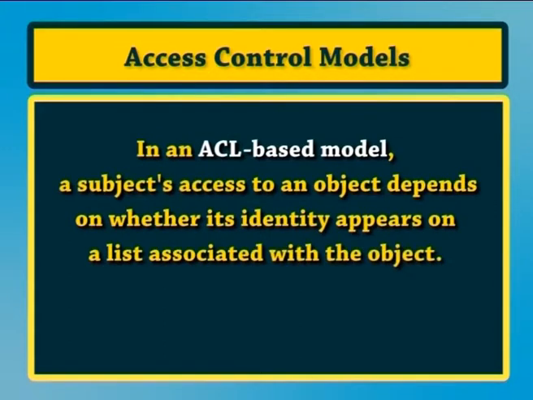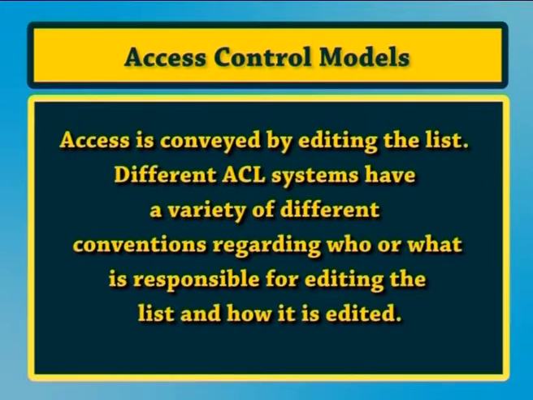In an ACL based model, a subject's access to an object depends on whether its identity appears on a list associated with the object. Access is conveyed by editing the list. Different ACL systems have a variety of different conventions regarding who or what is responsible for editing the list and how it is edited. Both capability based and ACL based models have mechanisms to allow access rights to be granted to all members of a group of subjects.